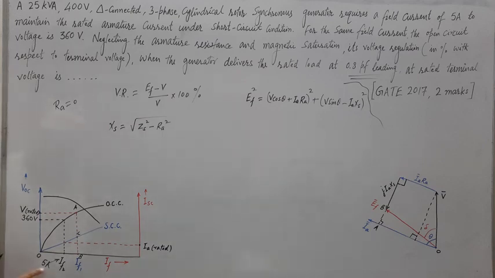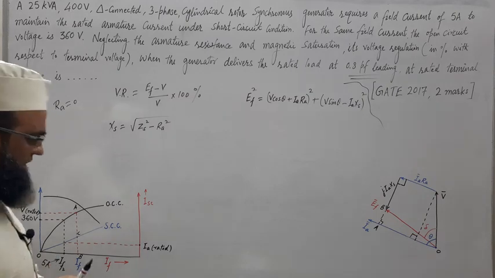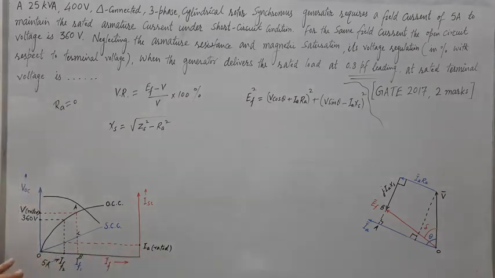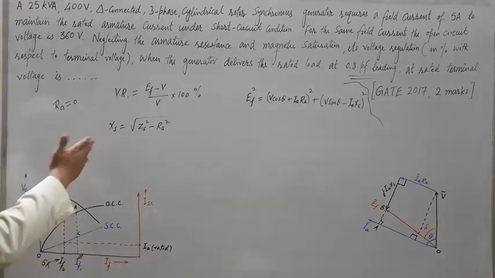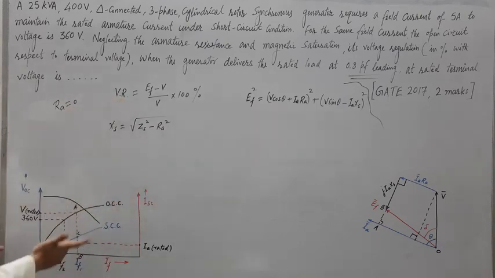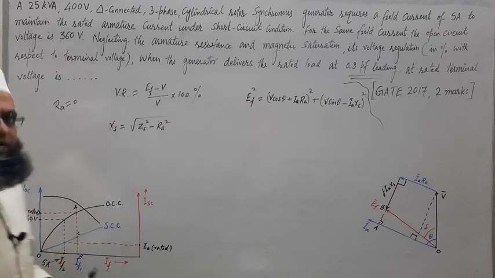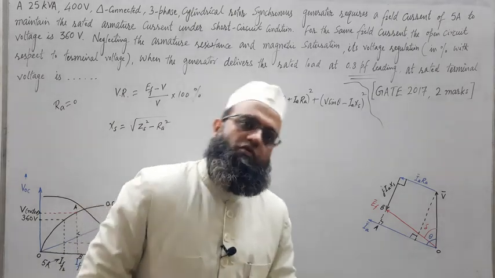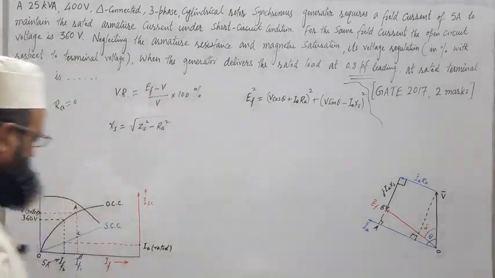Corresponding to any field current, rated terminal voltage or rated current, as I told you earlier, in some problem you might be asked to evaluate ZS indirectly to calculate this voltage regulation by providing this field current. So anyhow we have to take the same field current to take the ratio of open circuit voltage and short circuit current.